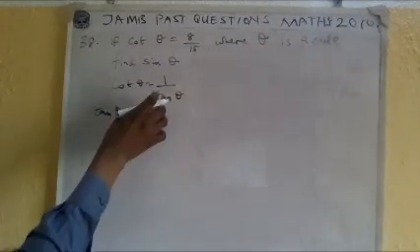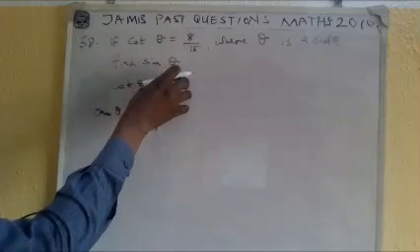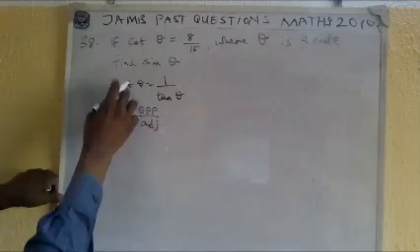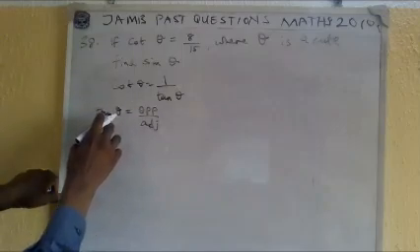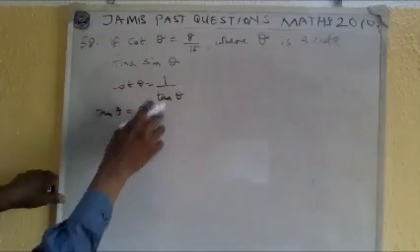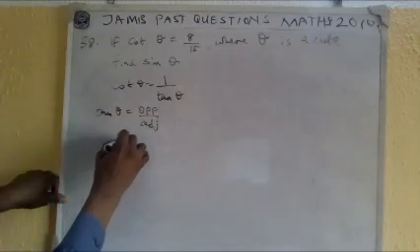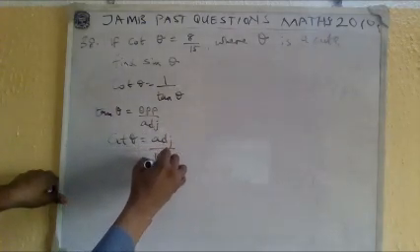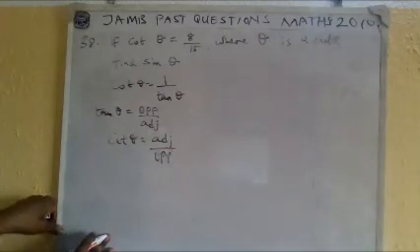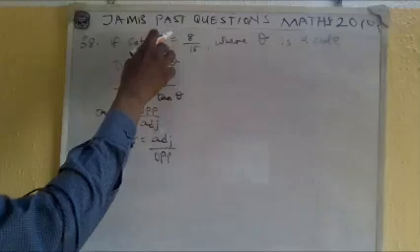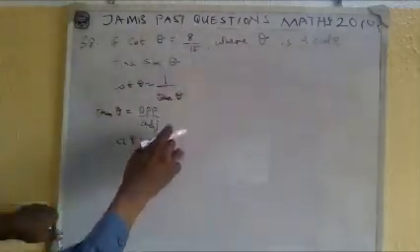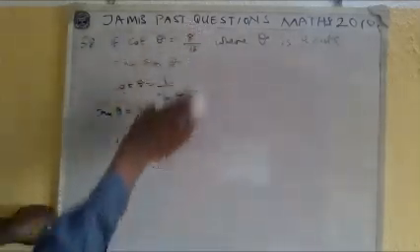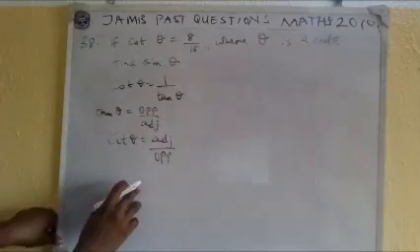So cot theta is the inverse of tan theta, which means cot theta is adjacent over opposite. So from this relationship, 8 is adjacent and 15 is opposite. If you compare by similarity, you understand?